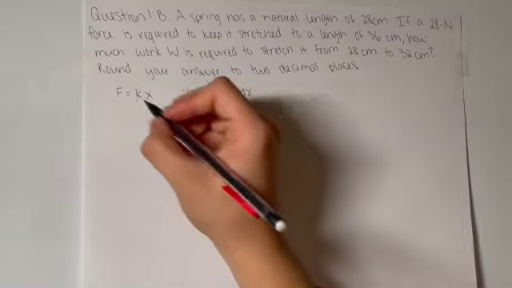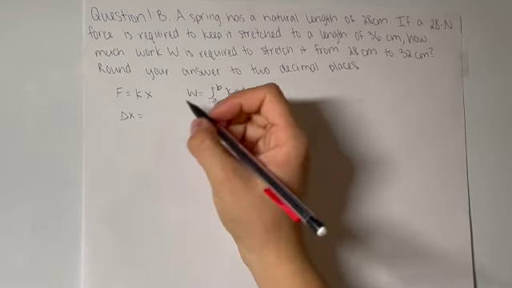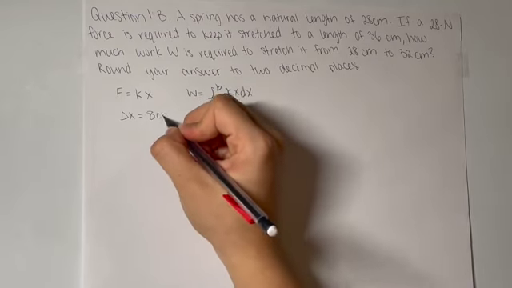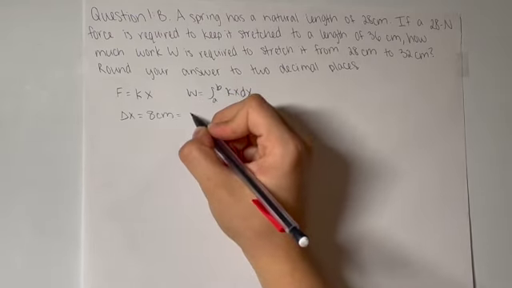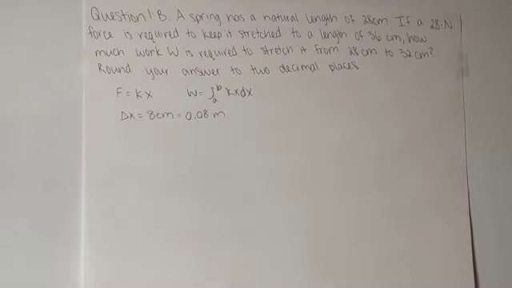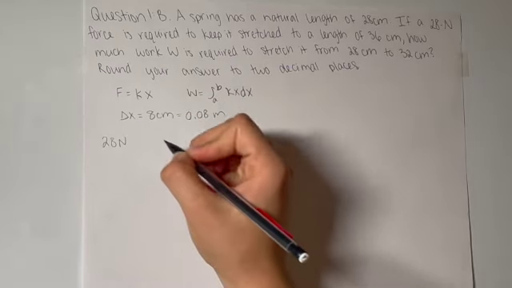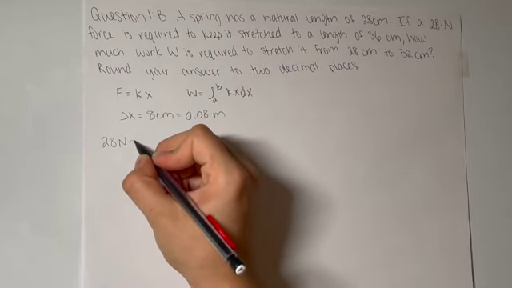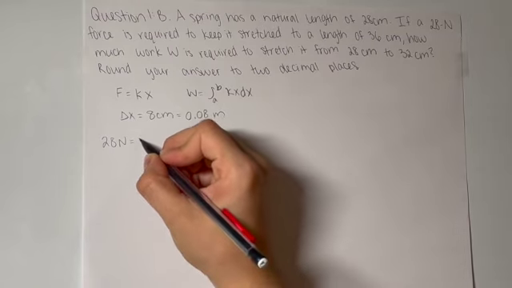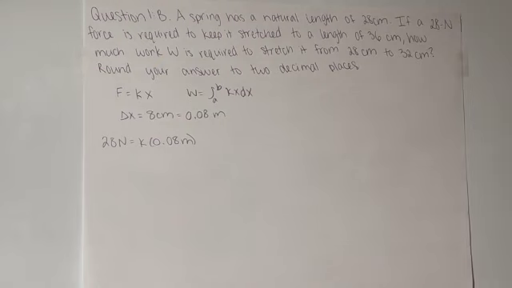Now, our first change in x is 8 centimeters, which is equal to 0.08 meters. We're given the force, 28 newtons, so we can set it equal to K times 0.08 meters.